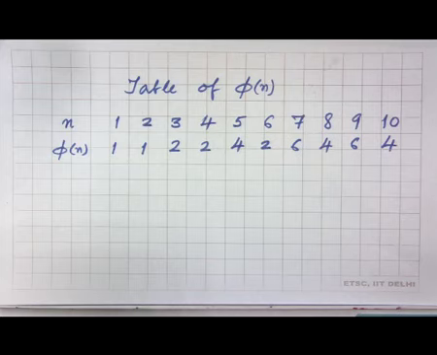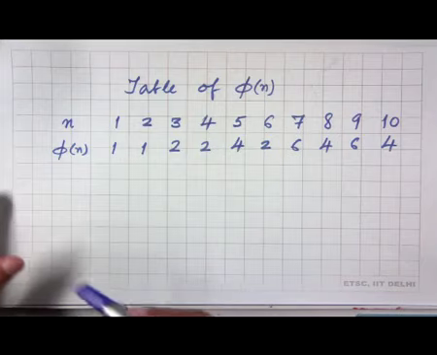Because 10 has 2 and 5 in it, we must exclude the even numbers, and we must also exclude 5. So therefore, we are looking at the odd numbers other than 5. These are 1, 3, 7, and 9. Therefore, phi of 10 is equal to 4. We're going to apply PIE, the principle of inclusion exclusion, to derive a formula for phi n.